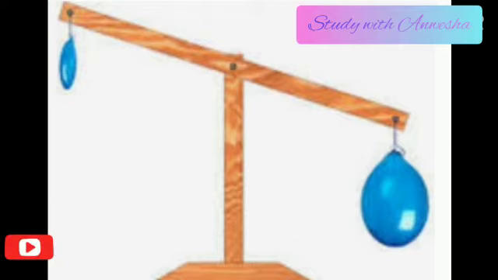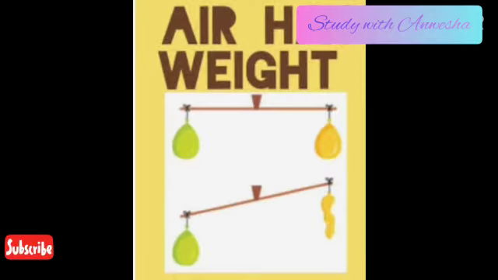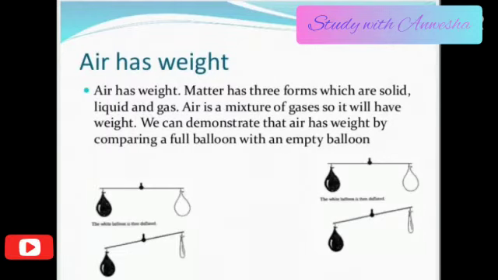First we have to blow air into both balloons. Second step, tie the balloons with the help of thread to either side of the scale. Lift the scale. Observe how the scale is positioned. Now prick one of the balloons with the needle. Observe what happens.